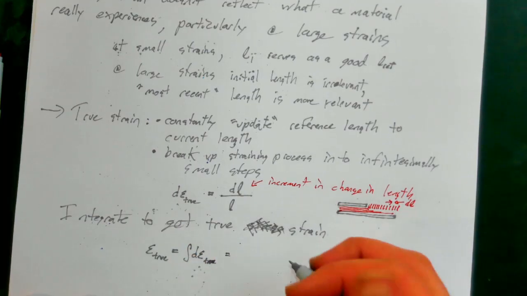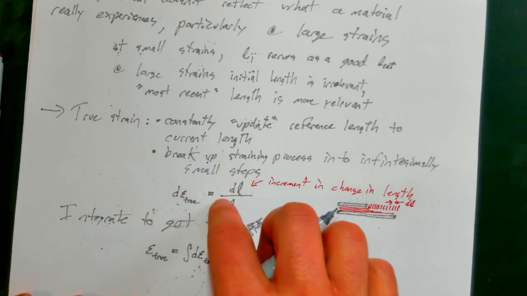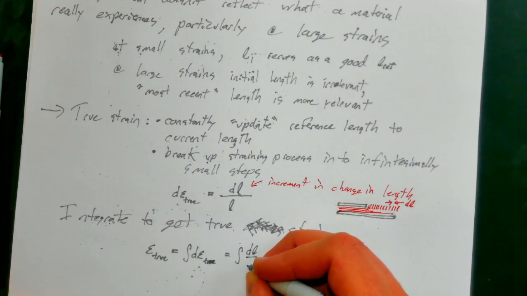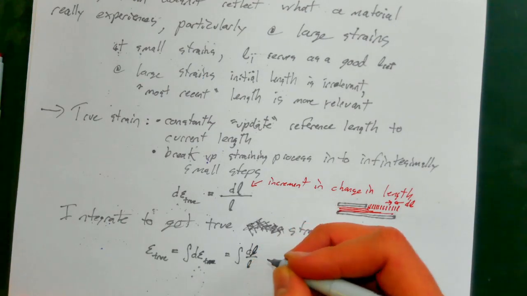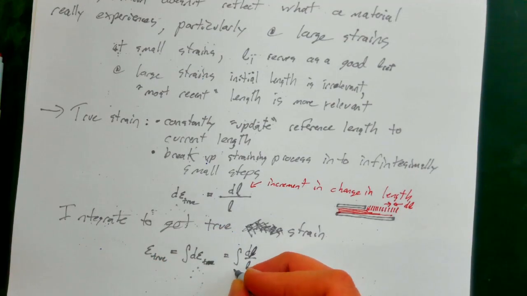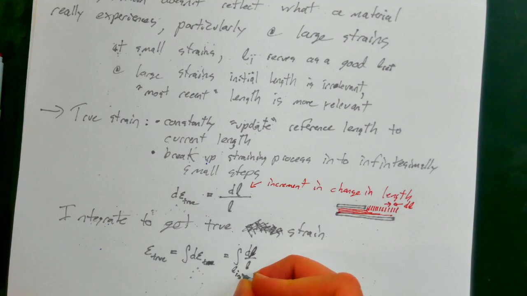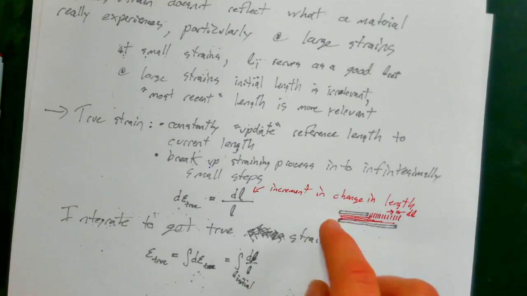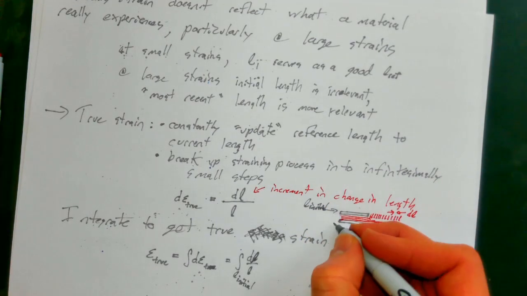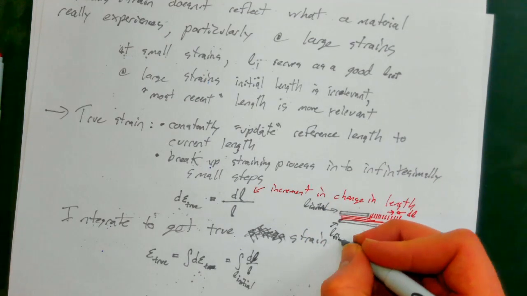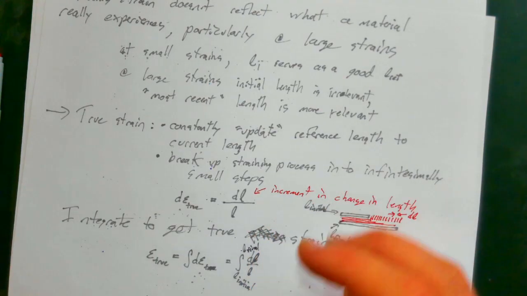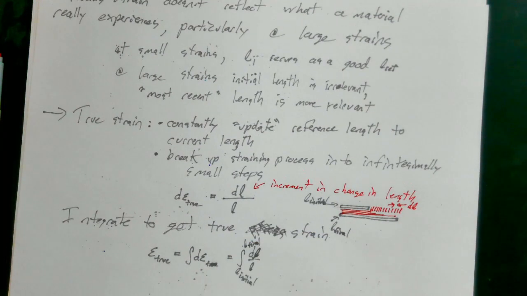And if I integrate all of the increments of true strain, then I'm essentially integrating both sides of this equation here: dl divided by L. And the limits of integration that I would use would be whatever my L initial was before I started, to whatever my L final was over here.